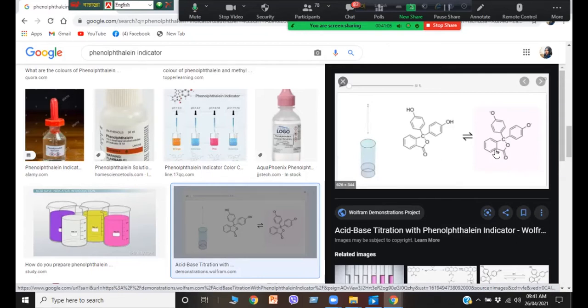When the charge is transferred along this structure, an energy gap, an energy difference, occurs. For this energy difference in the visible range, we can see some color. The visible range means from 400 nanometers to 800 nanometers, and we see the complementary color of that wavelength. This is the chemistry behind how it shows its color in basic media.